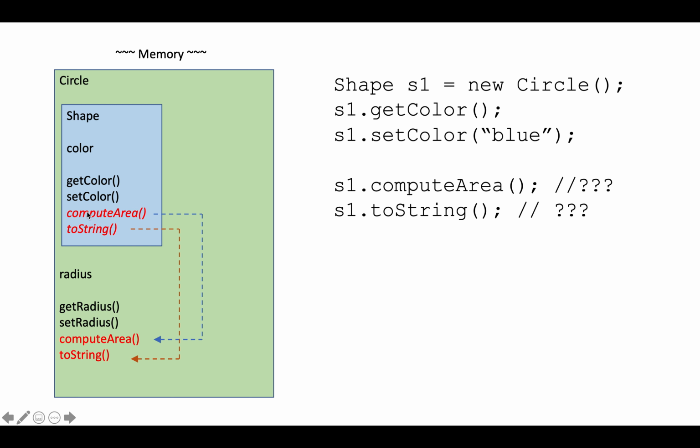So even though I want to execute computeArea, really what I'm doing is I'm executing the computeArea that's defined in Circle. Okay? So in the next video where we talk about upcasting and downcasting, I'm going to actually show you some coding examples of how this works.